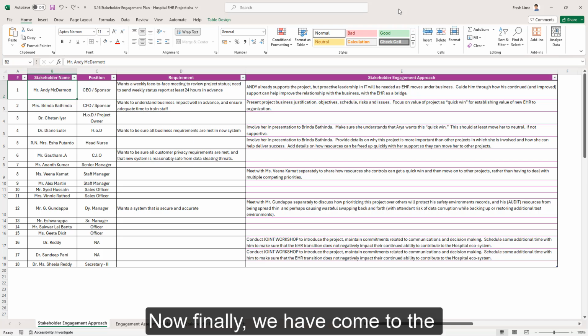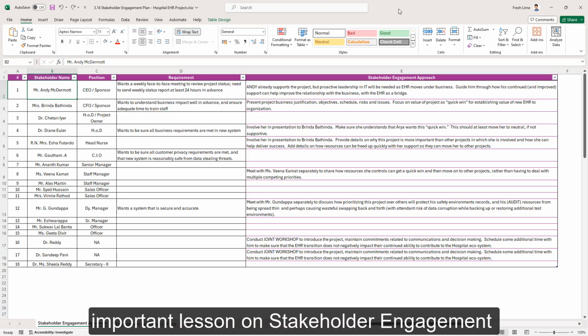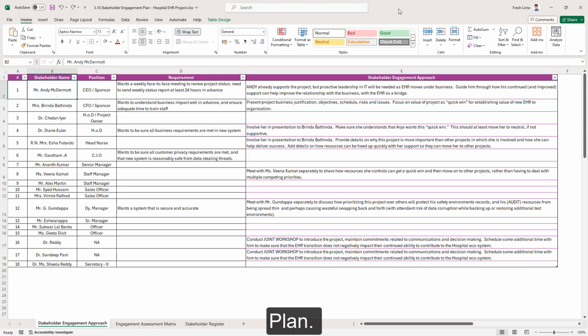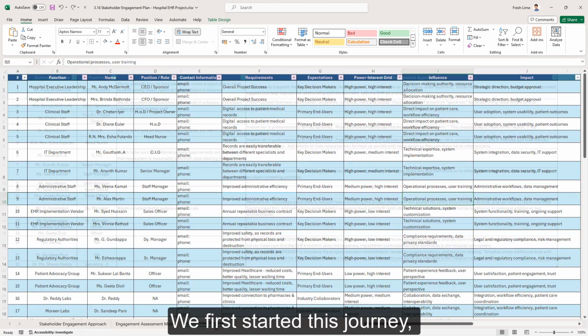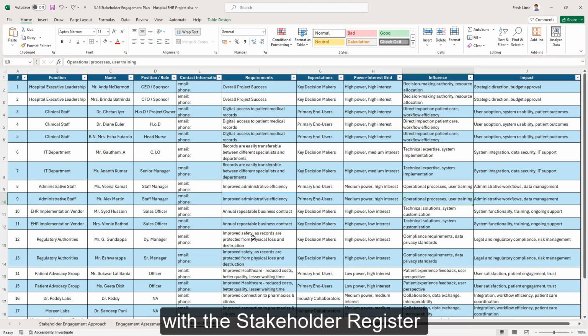Now, finally, we have come to the important lesson on Stakeholder Engagement Plan. We first started this journey with the Stakeholder Register, which used a 5-point criteria to identify the stakeholders.